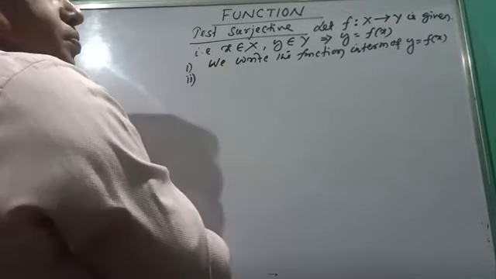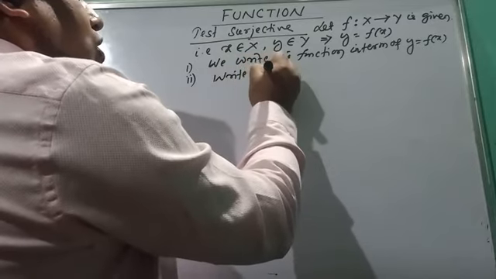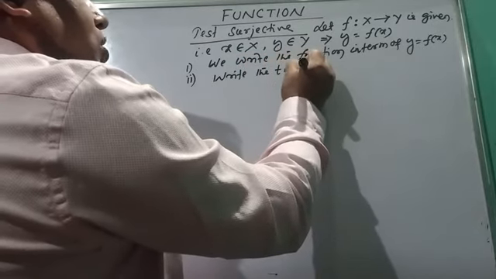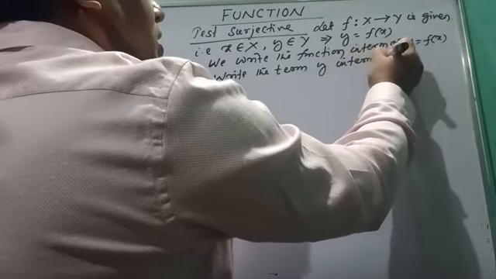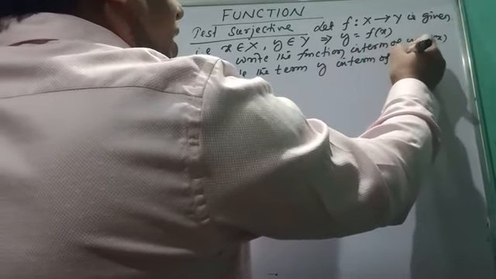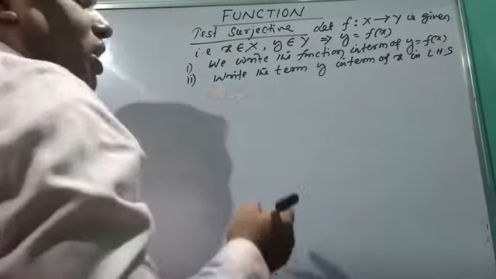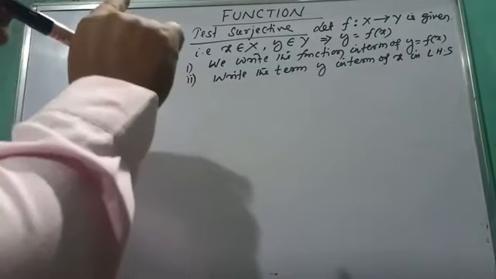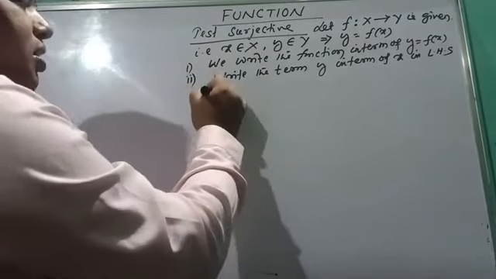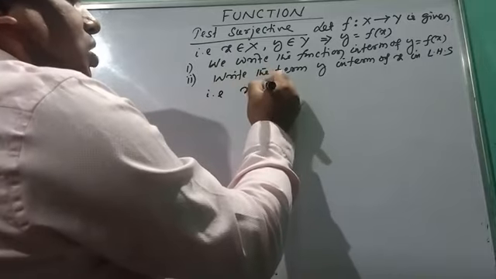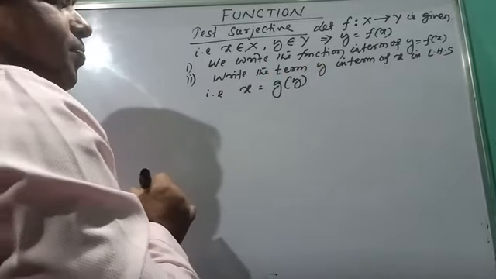Step 2, write x in terms of y on the left hand side. That is, x is equal to another function of y.